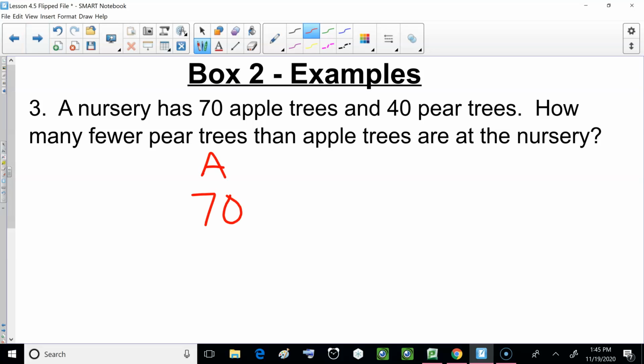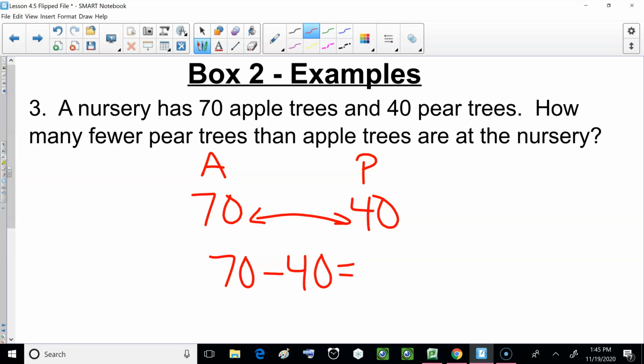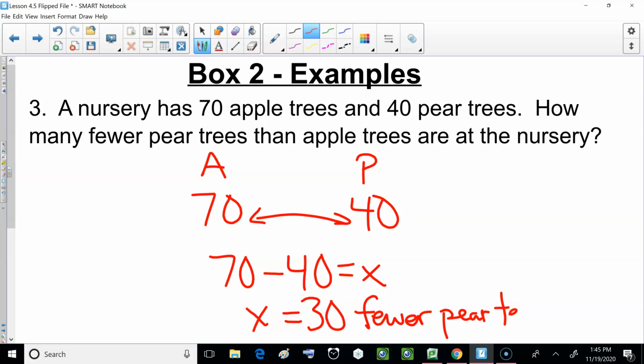And on the other side, we've got pear, and we only have 40 of those. So to figure out the difference between these two numbers, we take 70 minus 40 equals x, which would mean x would equal 30 fewer pear trees.